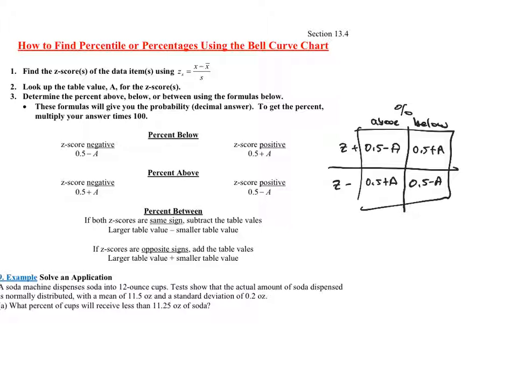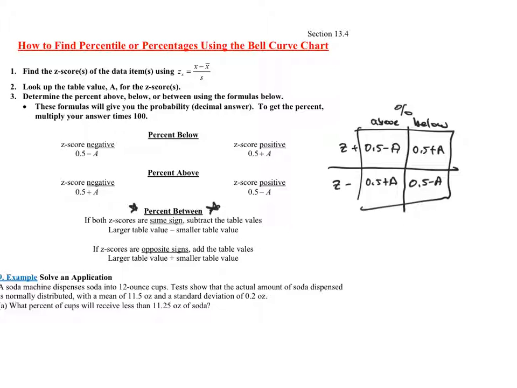So I don't know which one of those charts helps you out, but that's what you're looking for: percent above or below, z-score positive, z-score negative. That tells you exactly how you're going to answer those questions. So the last question is, what if they want the percent between? Well, you have to look at your two z-scores. If your z-scores are both positive or both negative, all you do is subtract those a values.